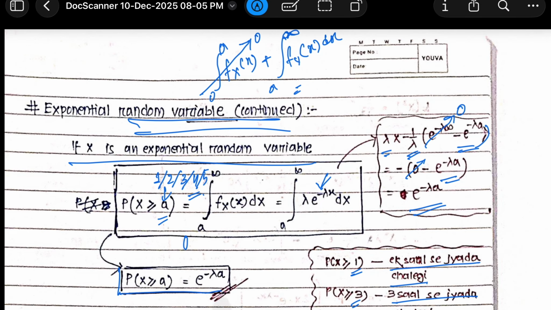Probability that x is greater than or equal to a is e to the power minus lambda a. So, e to the power minus lambda a.